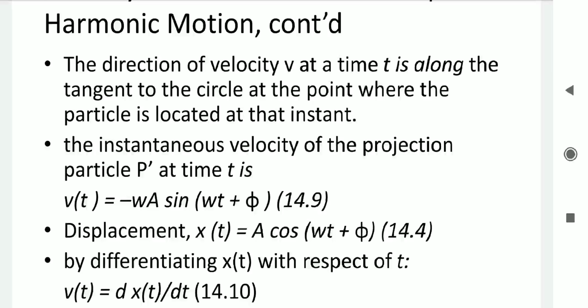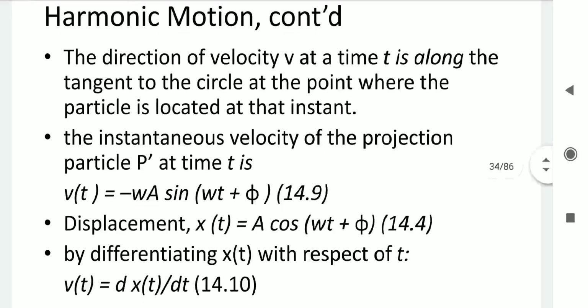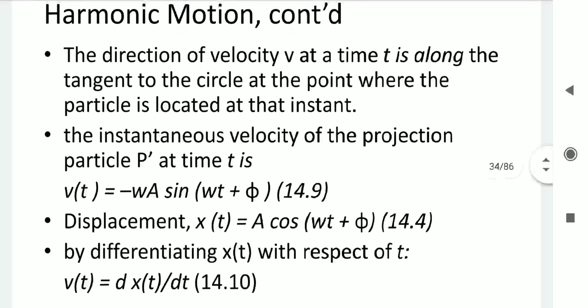We know velocity is nothing but change in position per unit time, so delta x by delta t. Since the variation is continuous, instead of delta we can take a derivative. So without referencing the graphical method, by differentiating the displacement with respect to time we also get the same velocity equation, v of t equals minus omega a sine of omega t plus phi.